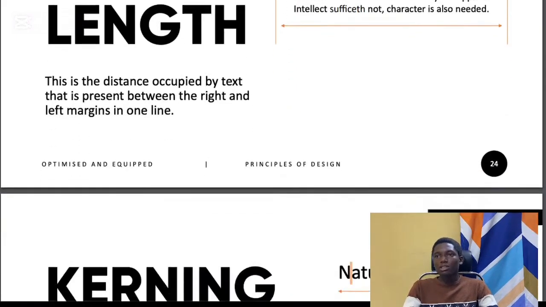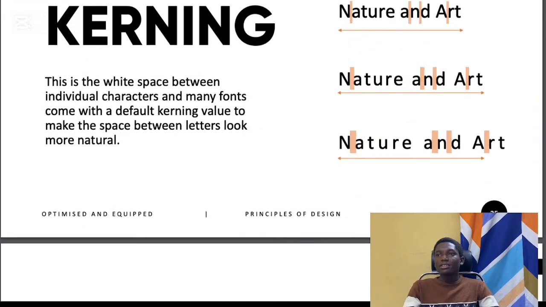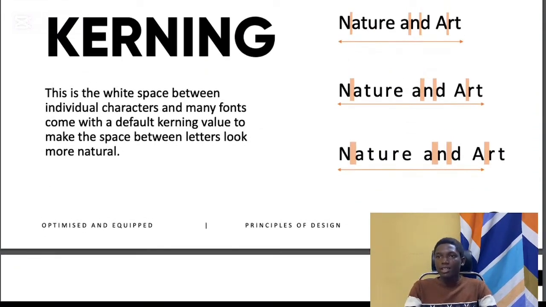Then the next one we are going to be talking about now is the kerning. This means that in every font there are different types of kerning, because if you are looking at a sans serif font, know that the letters are deeply close to each other.